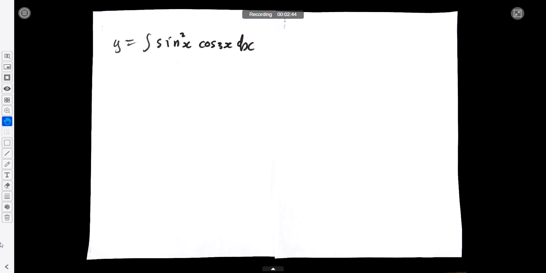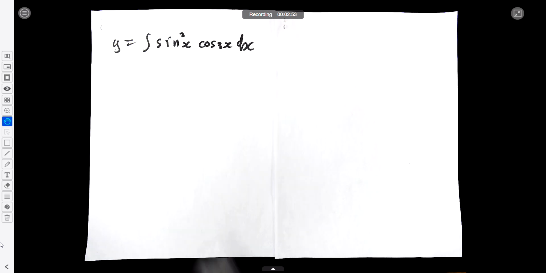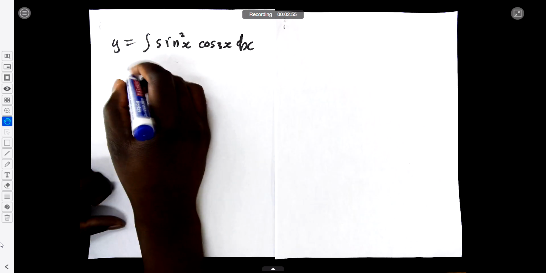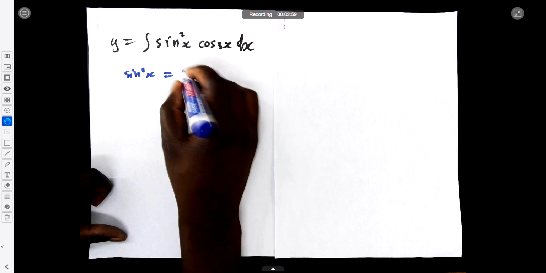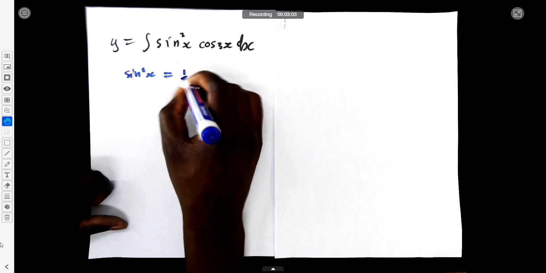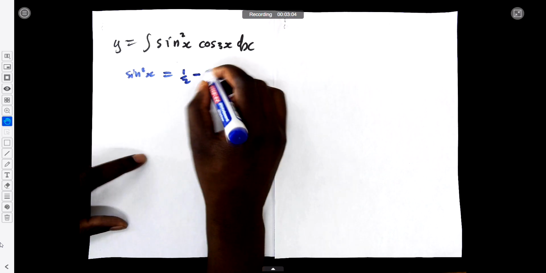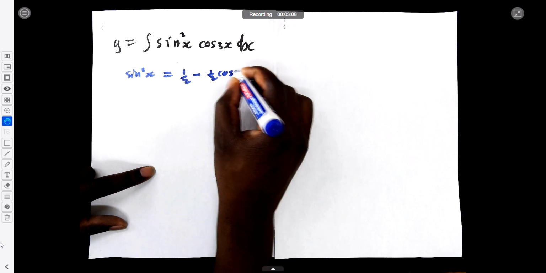But can we not drop down the exponent of x by using identities? So we know that there's this identity, the cos 2x, isn't it? Making sine squared the subject of the formula, we know that sine squared is equal to, I think, 1 over 2 minus 1 over 2 cos 2x.